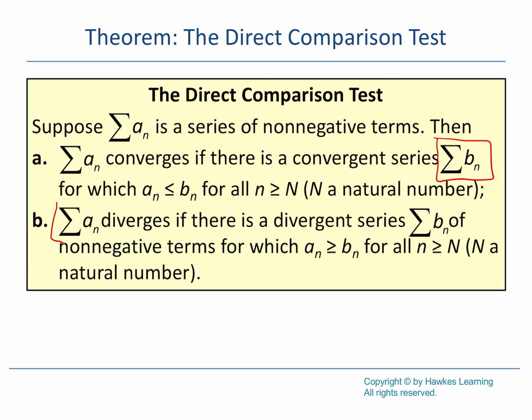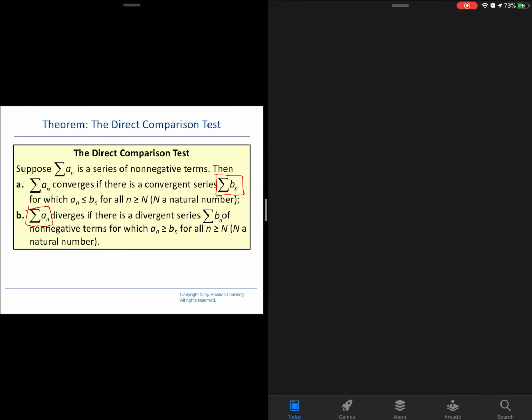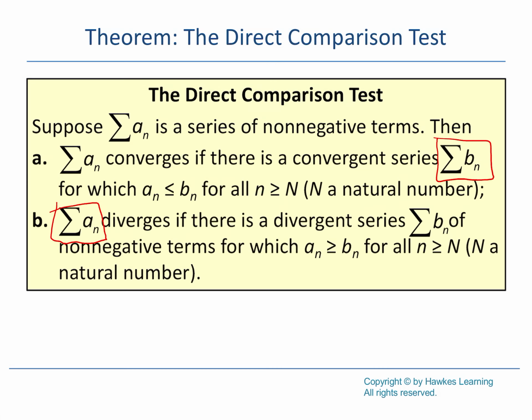If you have a small series that diverges, then the bigger one diverges as well. Those are the two big cases. And here, oh geez, that's not what I wanted. Good grief. All right.